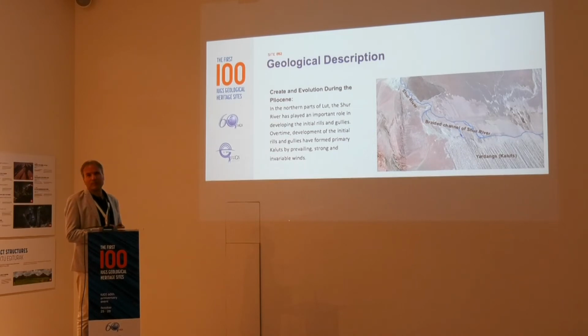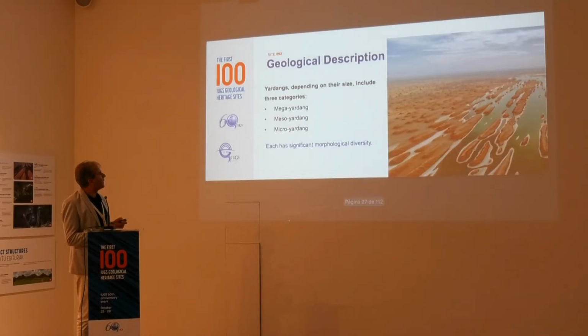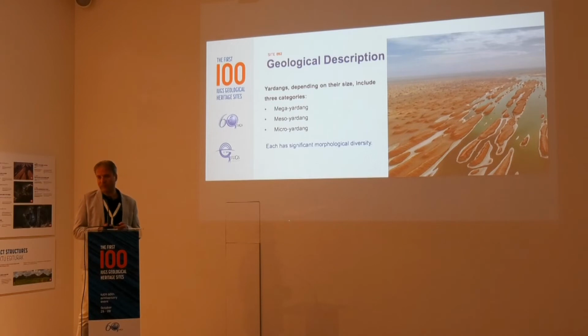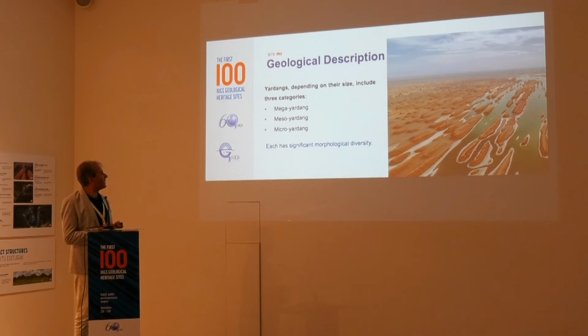This river comes from 300 kilometers away, and maybe primarily the gullies and rills here were created by it. As you know, there are 3 types of yardangs: mega, meso, and micro. The Lut Desert yardangs are categorized as mega yardangs, the biggest in the world.